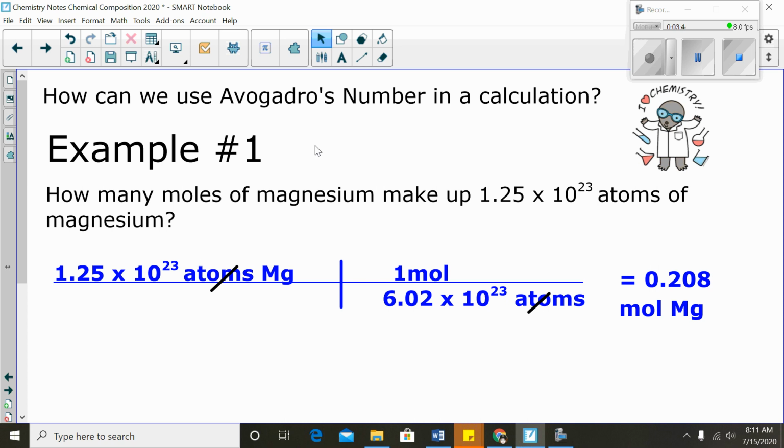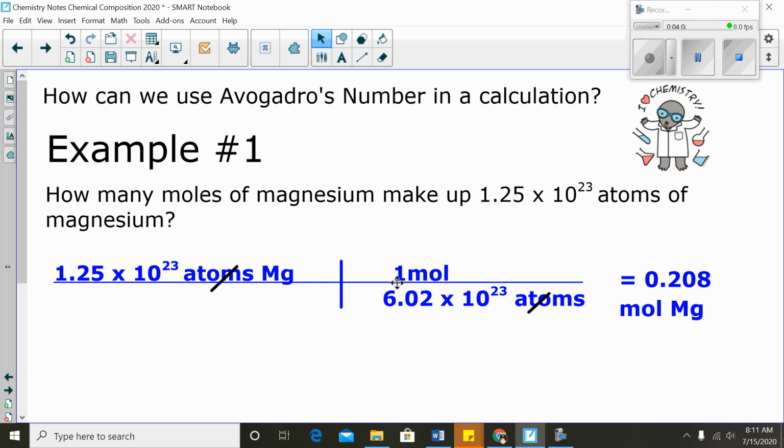But let's prove it now. So this is why we learned dimensional analysis or factor labeling. It's to solve problems that look like this using another type of conversion factor, which will be the mole. So you start with the number that was provided, 1.25 times 10 to the 23rd atoms of magnesium. That's my starting point.